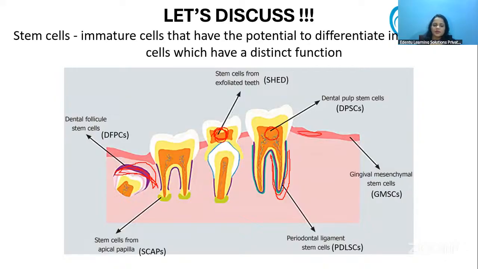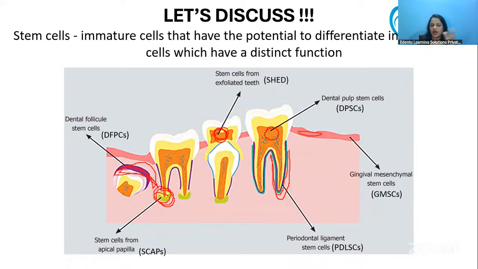Then in a young permanent tooth, there is something called the apical papilla. The apical papilla is a soft tissue present at the apex of the developing tooth. This apical papilla has lots of stem cells, and such stem cells seen in the apical papilla are called SCAP.